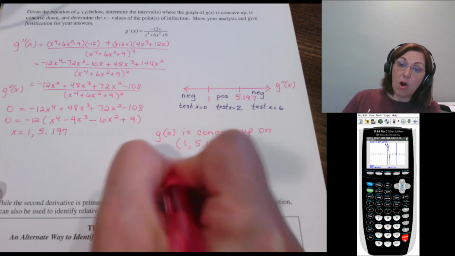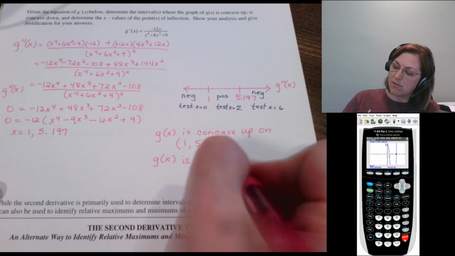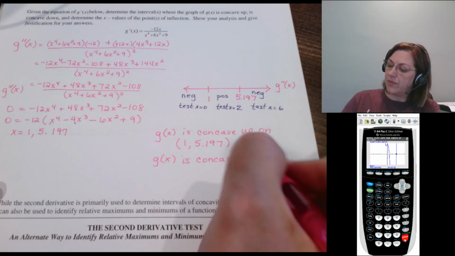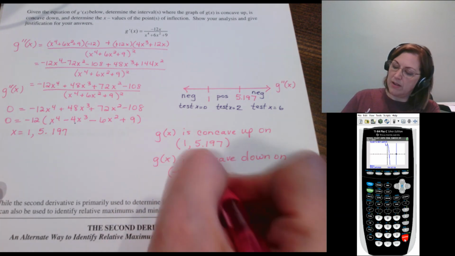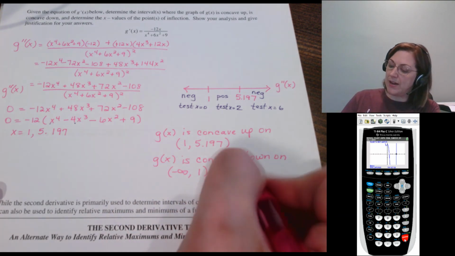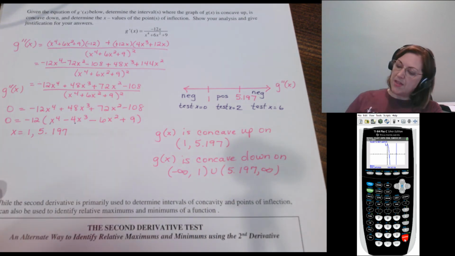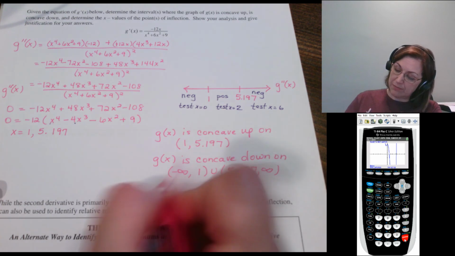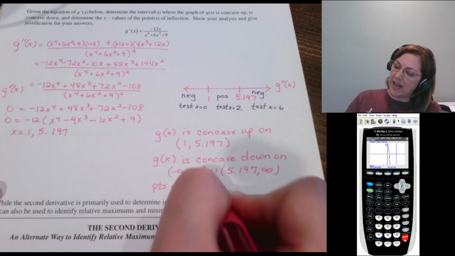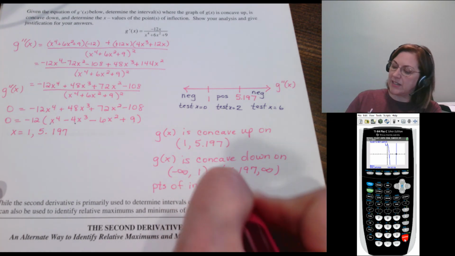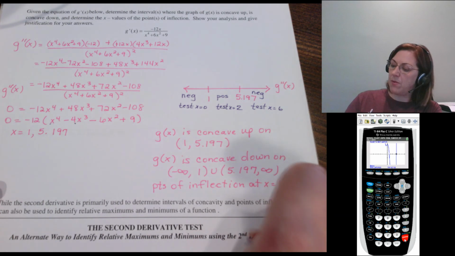The function is also concave down on the interval from negative infinity to 1, and again from 5.197 to positive infinity. That means I have 2 points of inflection, and those happen at x equals 1 and x equals 5.197.